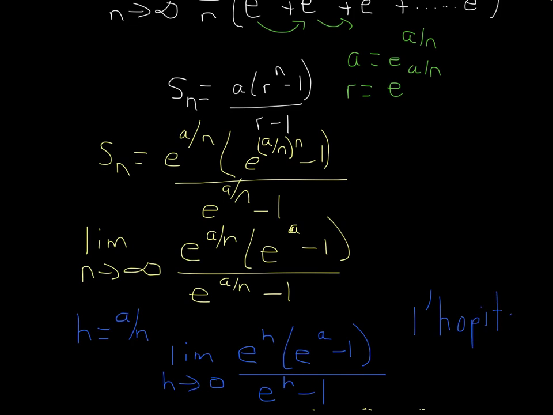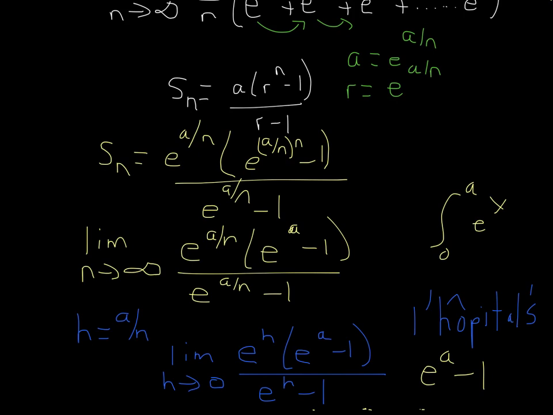to differentiate the top and the bottom separately. If you do that, you will find that your antiderivative, your integral that we're looking for, is going to come out to, sorry, not x, e to the a minus 1, which makes sense because remember what we were integrating was e to the x over the interval 0 to a.